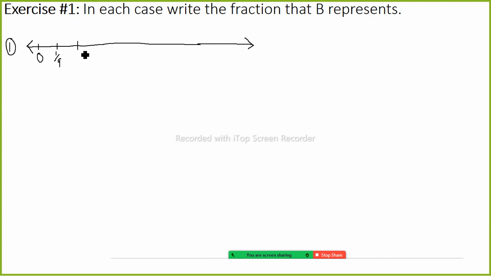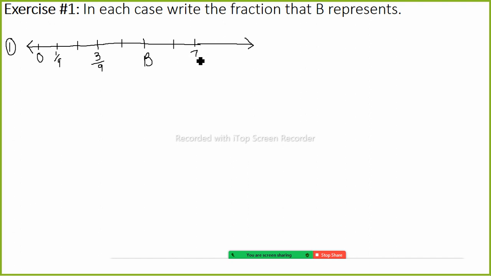We don't know what this one is. This one is 3 over 9. We don't know what this one is. This one is B. For this one, we don't know.